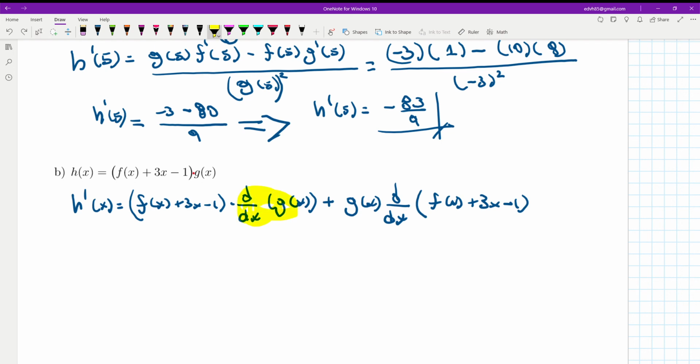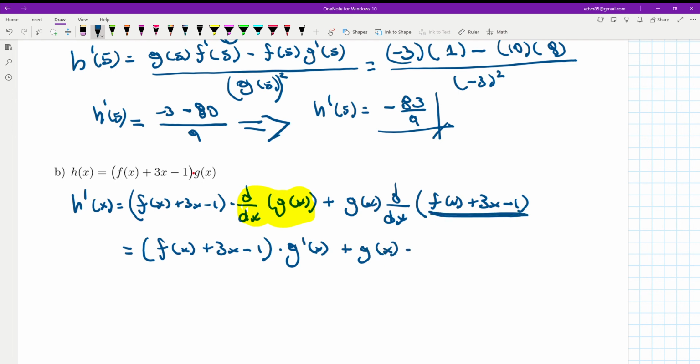Differentiate g of x. The first factor remains the same. This will become g prime of x plus g of x times the derivative of this expression here.